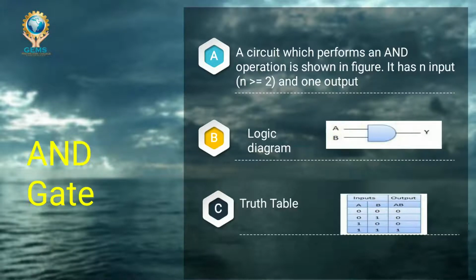For example, A and B are both inputs, so what output will you get? 0, 0: both sides are 0, so the output is automatically 0. 0, 1: again 0. 1, 0: again 0. 1, 1: now we get the output 1.